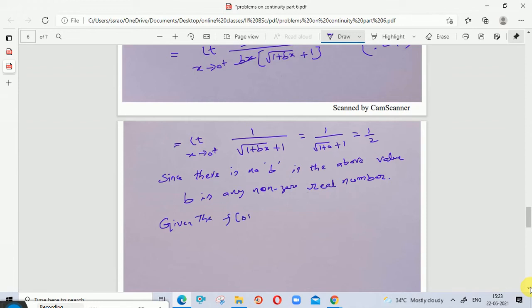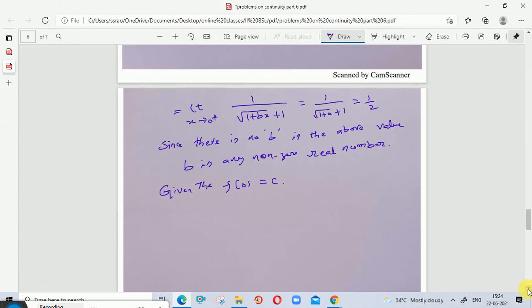Also it is given in the problem that f is continuous at 0.